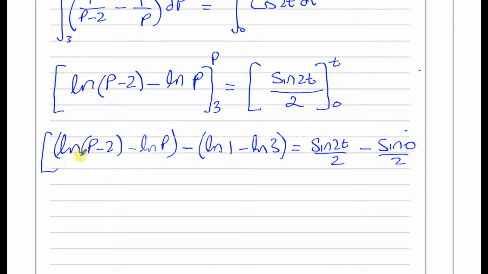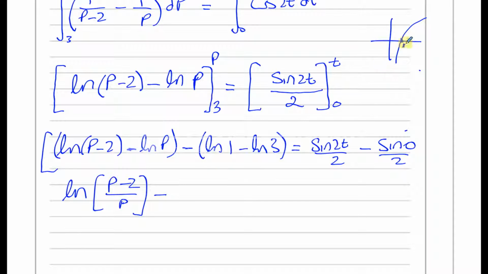Okay, so here I can combine these together by using the subtraction law of logarithms, so I can make that into a division. So the ln of p minus 2 over p, and this will be minus, well, we can see here the ln of 1 is 0, because the ln curve passes through x equals 1 when y equals 0.